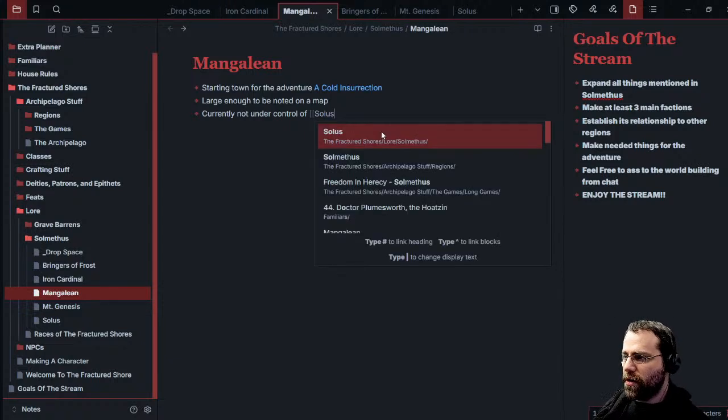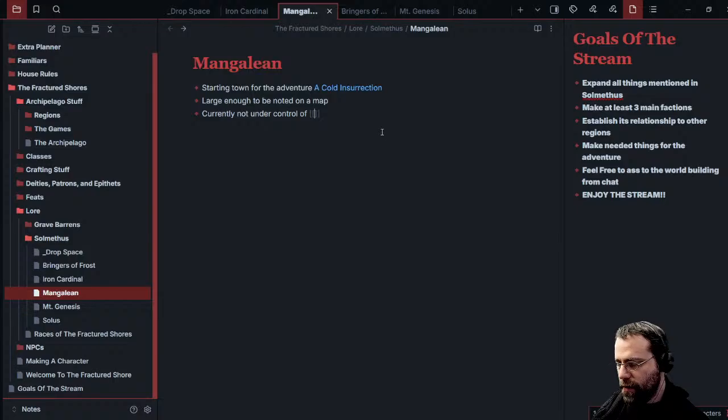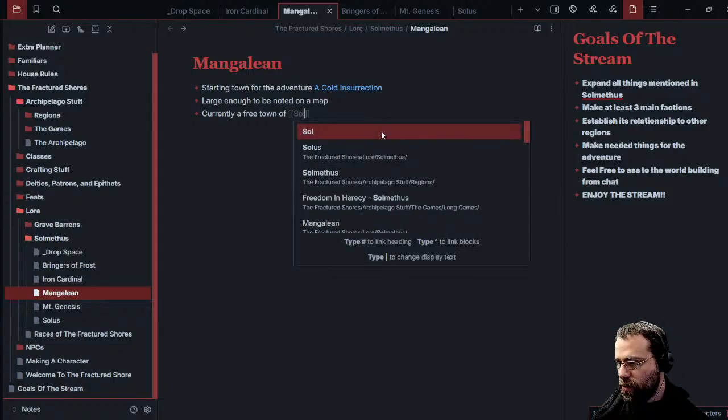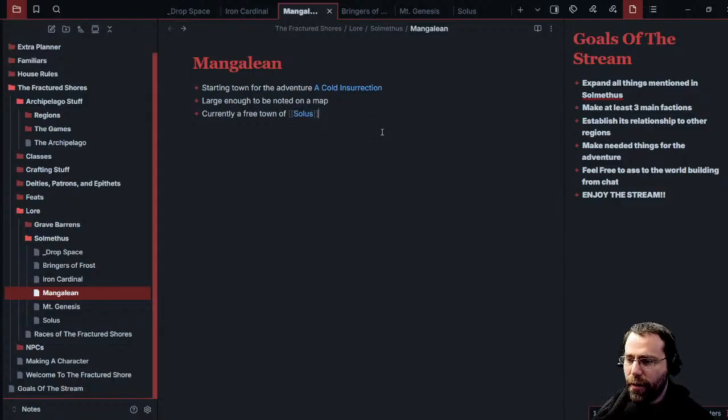No. Currently not under control of. Currently a free town. There we go. Free town of Solus. That's all I need for the time being.